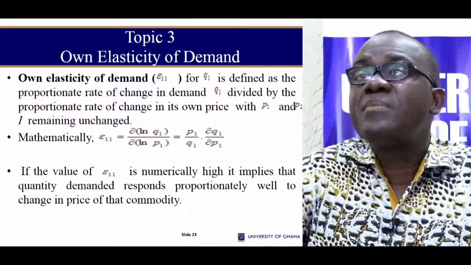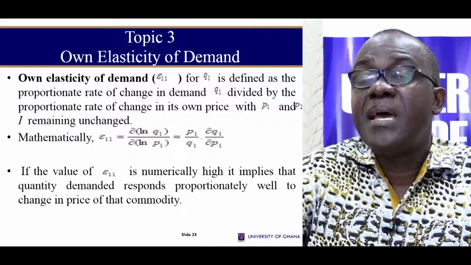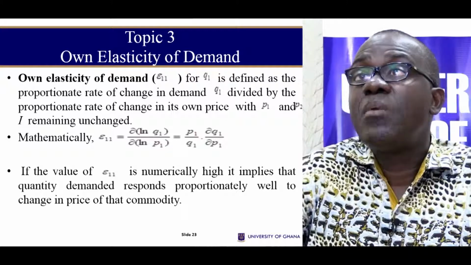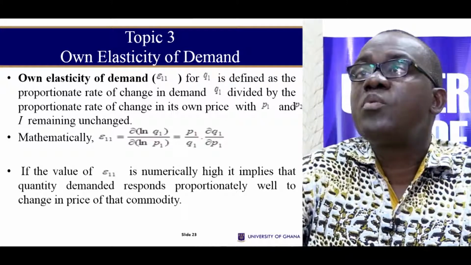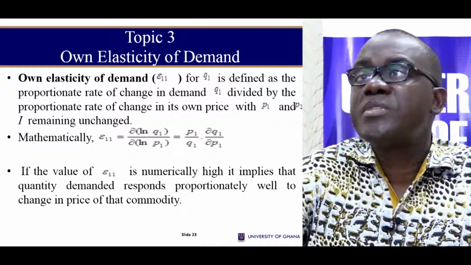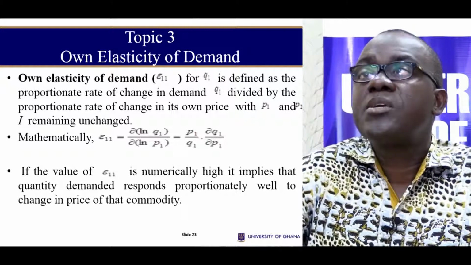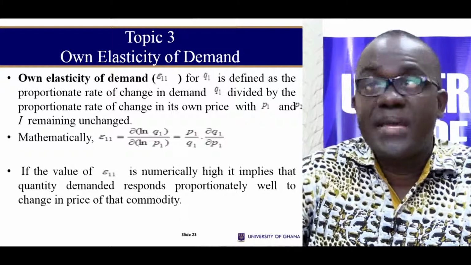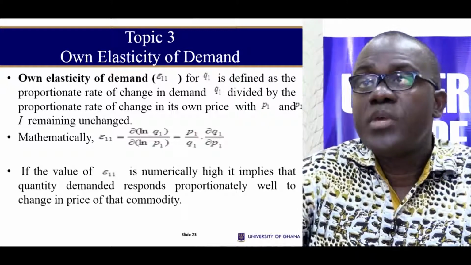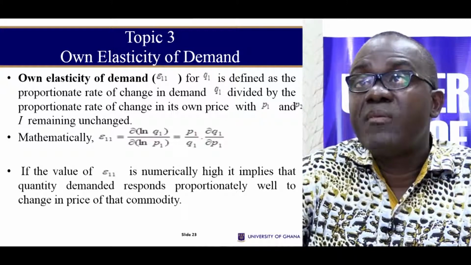The own elasticity of demand, which I'll denote by E11 here, of this input Q1, is defined as the proportionate rate of change in demand Q1 divided by the proportionate rate of change of its own price. Okay, so here this is E11 giving us what we have over here.